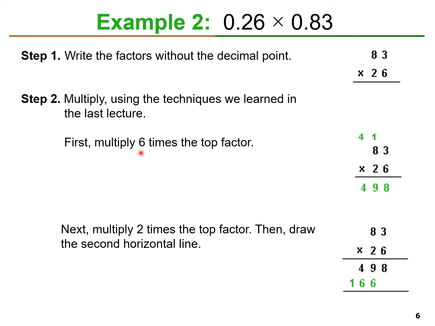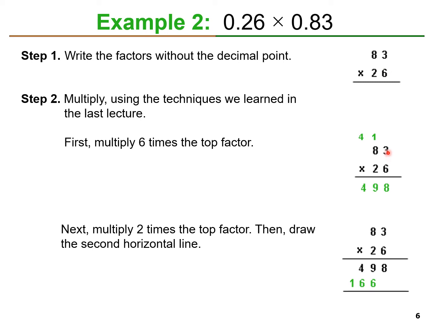First, multiply 6 times the top factor. So we're going to multiply 6 times 83 because 6 is in the ones place. And remember, when we multiply the bottom factor, we start at the right and proceed to the left. So we start at 6.